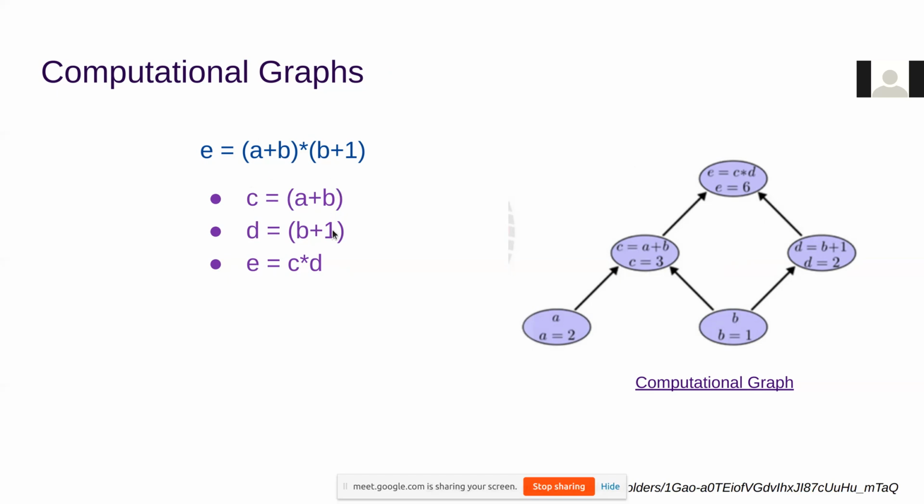There are two additions and one multiplication. So the nodes in this graph will be representing these variables and these operations. Here A and B are the variables represented by these two parent nodes. And then these two, A and B, will be added together into another variable C.